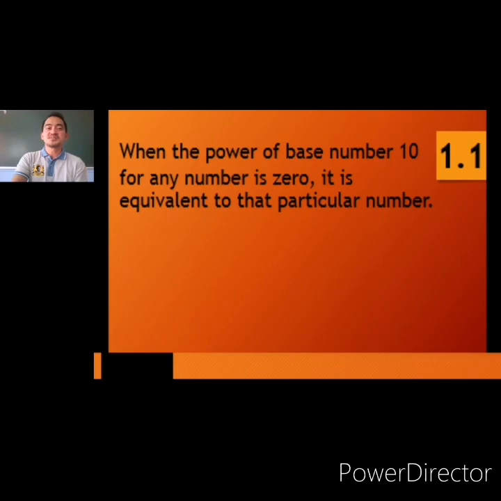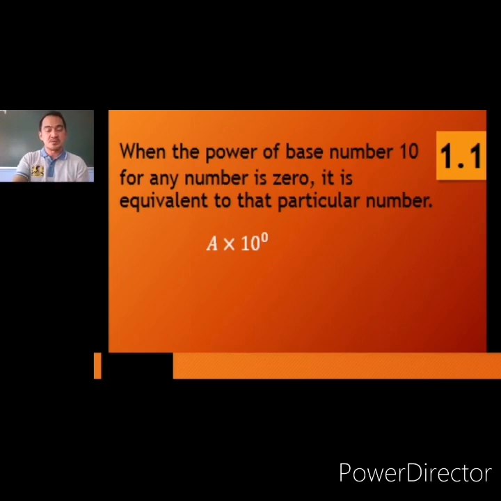When the power of base number 10 for any number is 0, it is equivalent to that particular number. A times 10 raised to 0. Remember, any number that is raised to 0 has a value of 1.